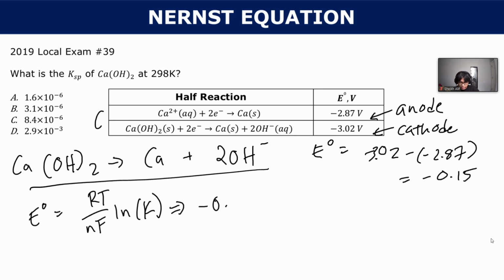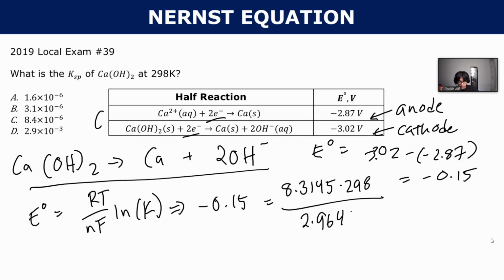So negative 0.15 equals the gas constant, which is 8.3145, times the temperature, which is 298 Kelvin, over N. The amount of electrons being transferred here is 2. So our N value is 2 times Faraday's constant, which is 96,485.